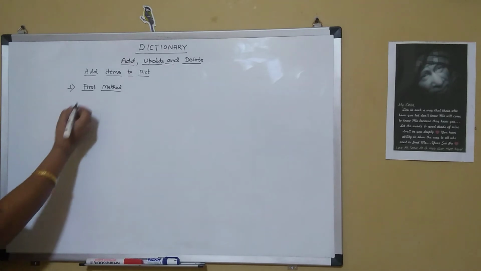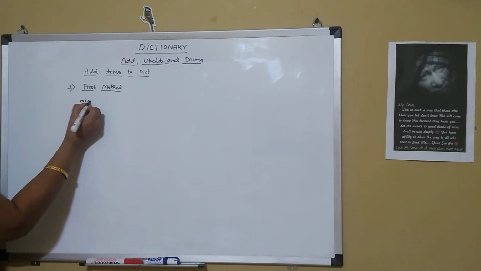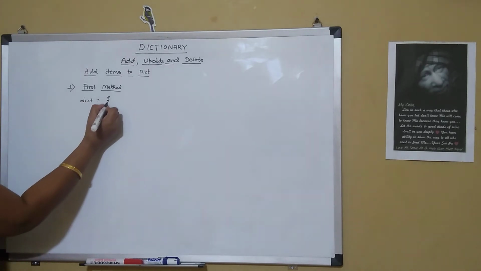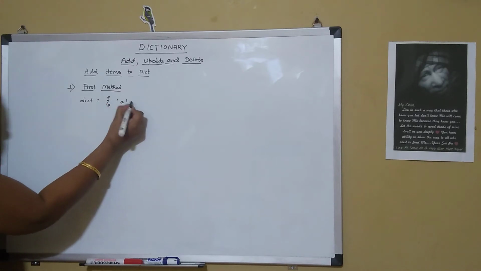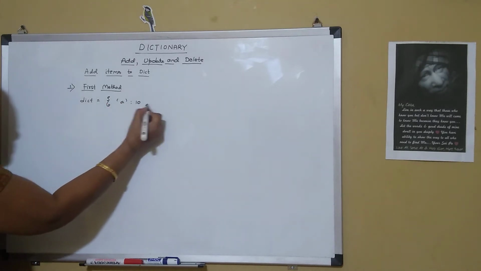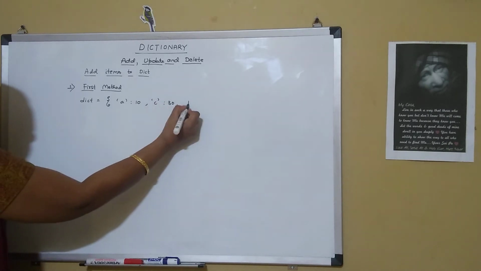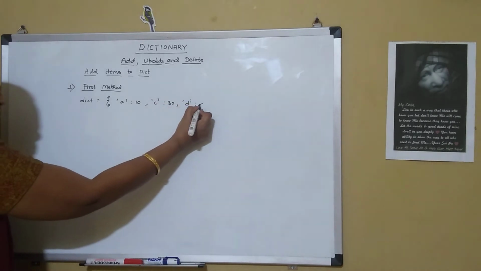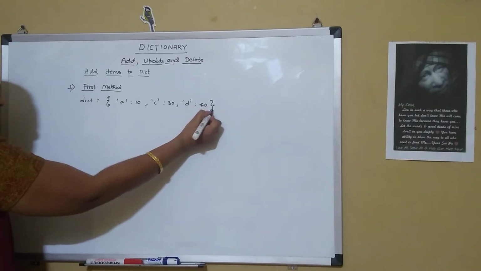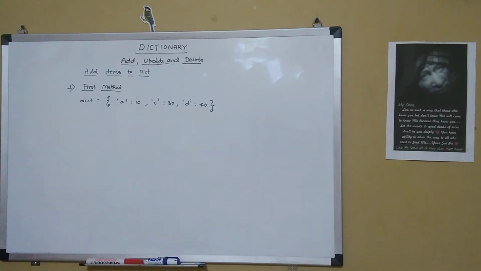So suppose we have a dictionary called day, which is having the values A is the key and the value is 10. C is the key, value is 30. D is the key, value is 40. So this is the dictionary which I am having.